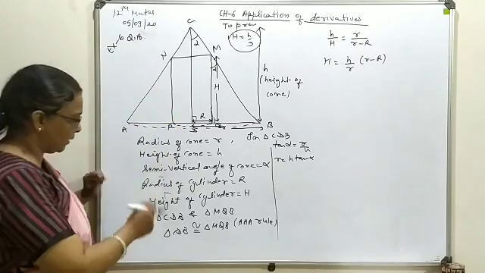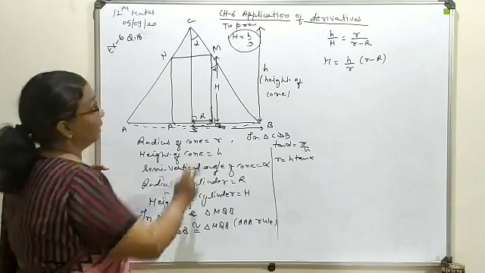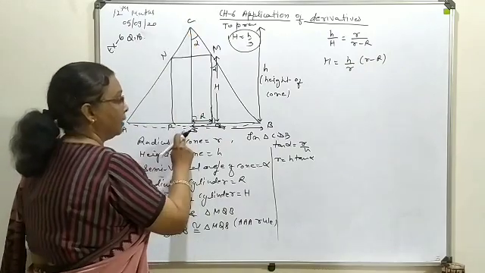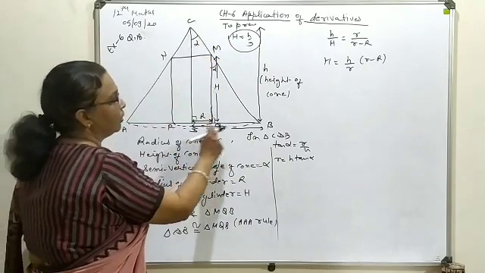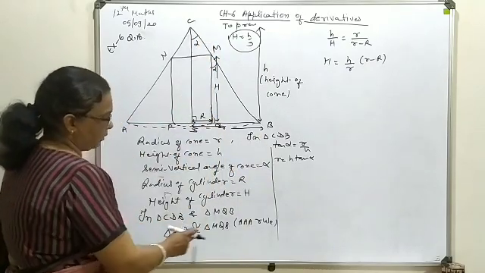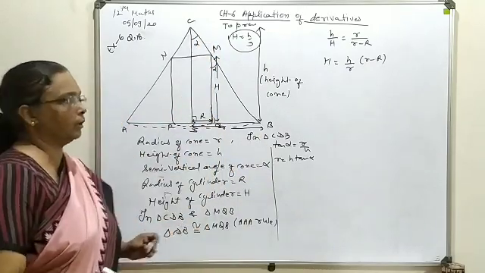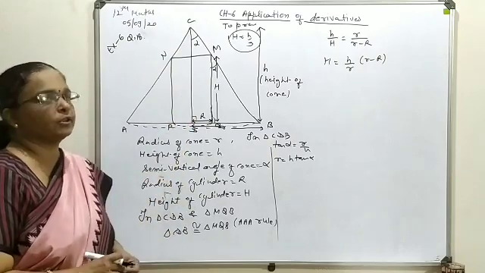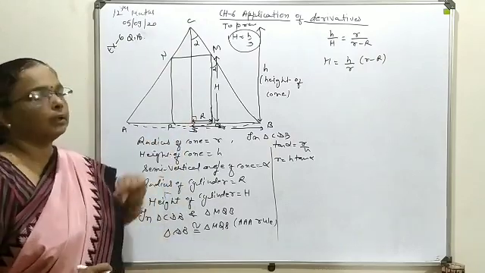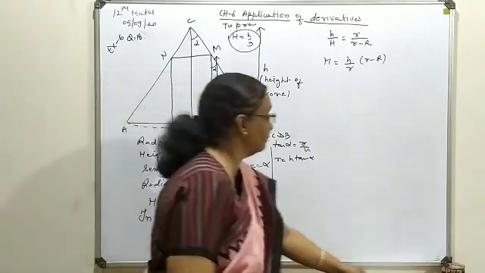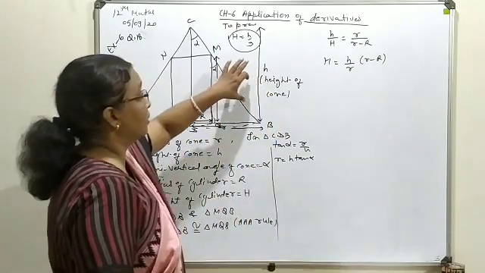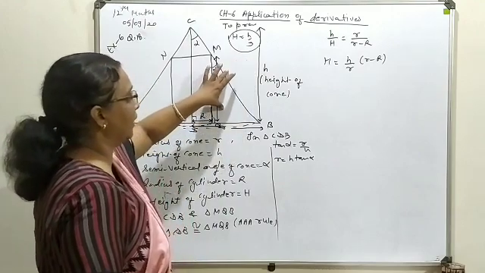These two triangles, the big one C, D and B, and the small one M, Q and B, are similar, and if two triangles are similar, the corresponding sides you can write in comparison form. So that is what we have written here: height of this with respect to the height of this cylinder.